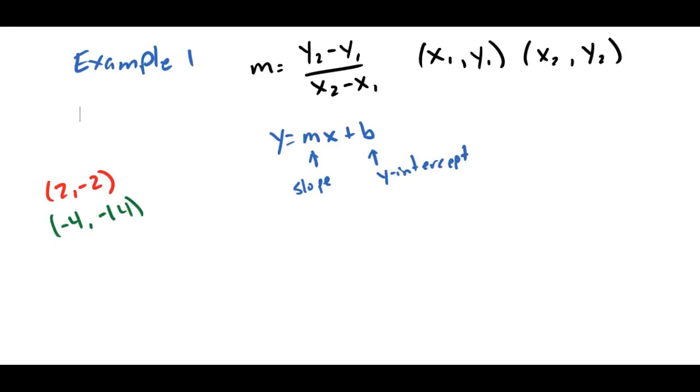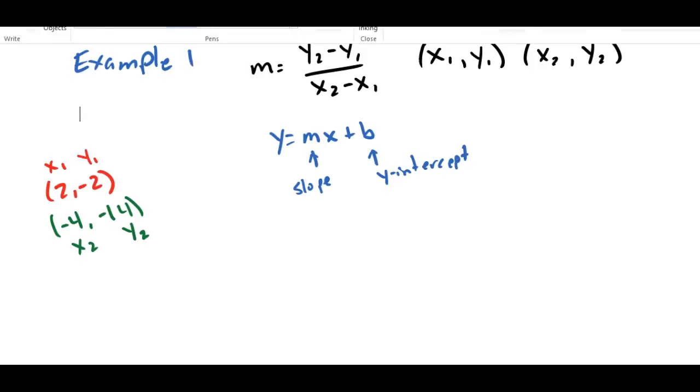So in this situation, this is x1, this is y1, and this would be x2 and y2, okay? Now I am allowed to switch these around, and this could be x2 and y2, and this could be x1 and y1. As long as we label them, it's fine.